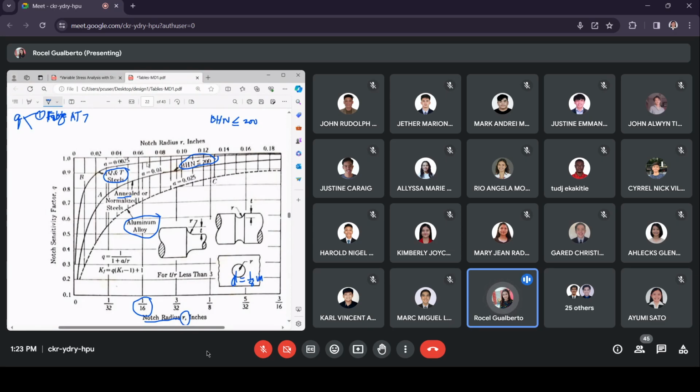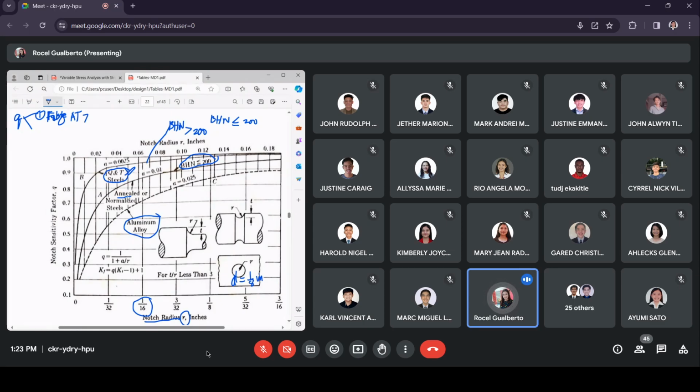If BHN is greater than 200, you can assume quench and tempered steel. You cannot use the one at the bottom, because that is for aluminum alloy.